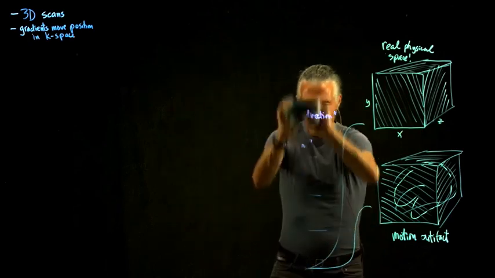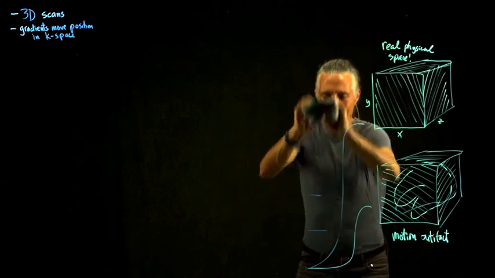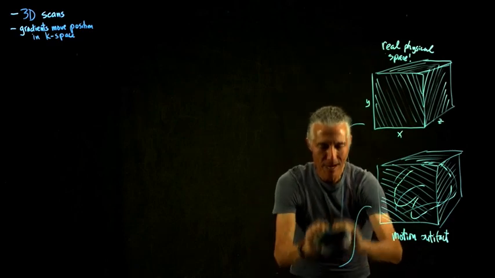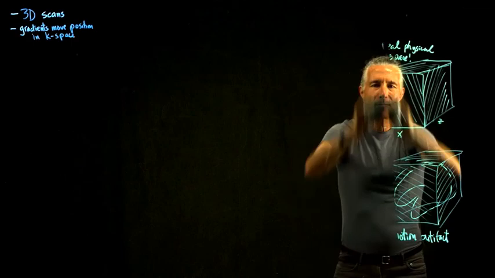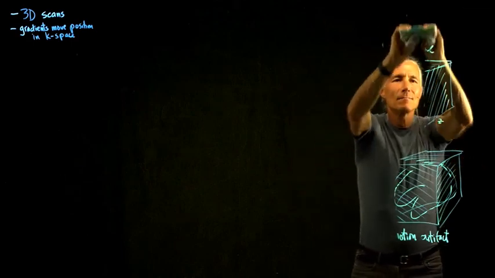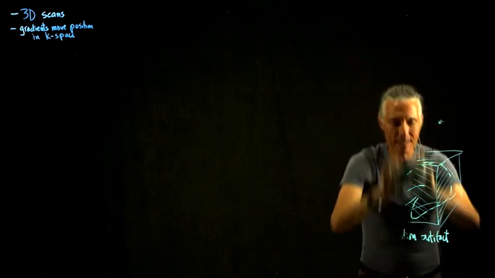And so that's the way to think about what applying a gradient and changing the stripe pattern means. It just moves you to some other part of K-space.